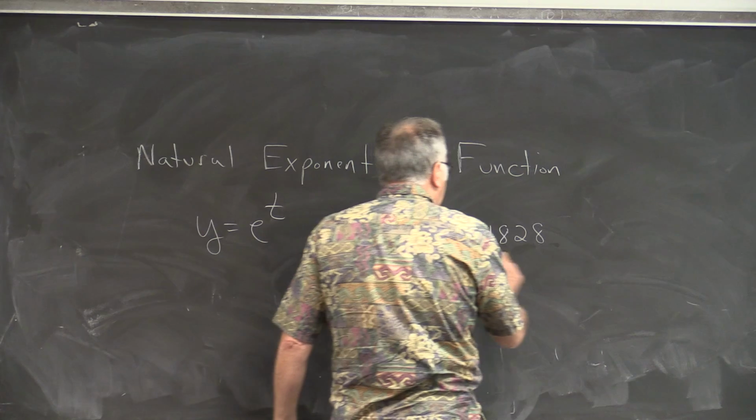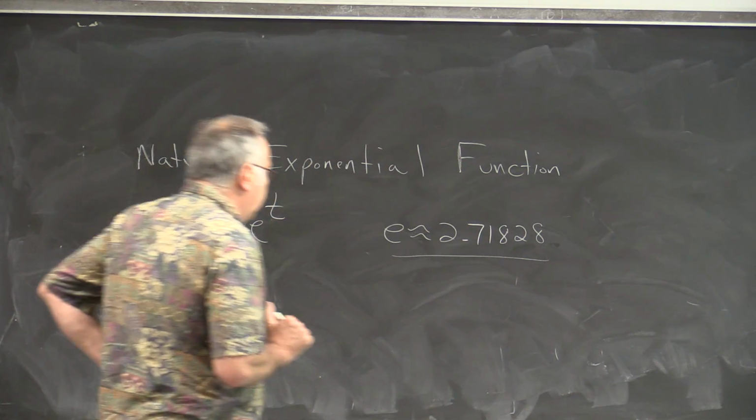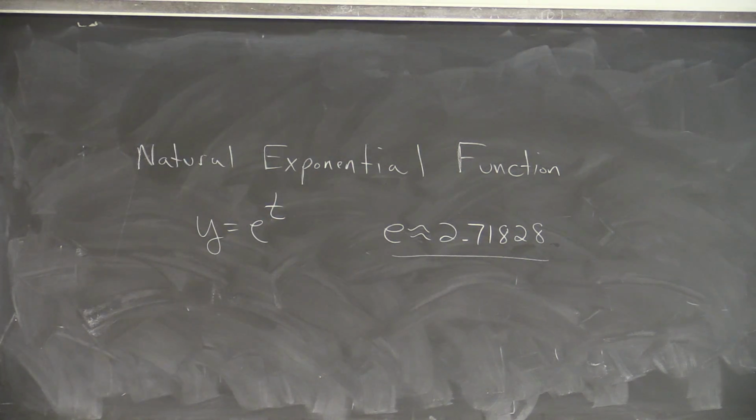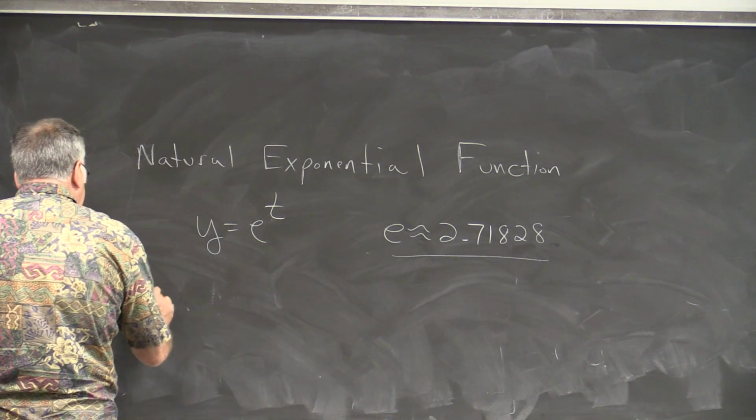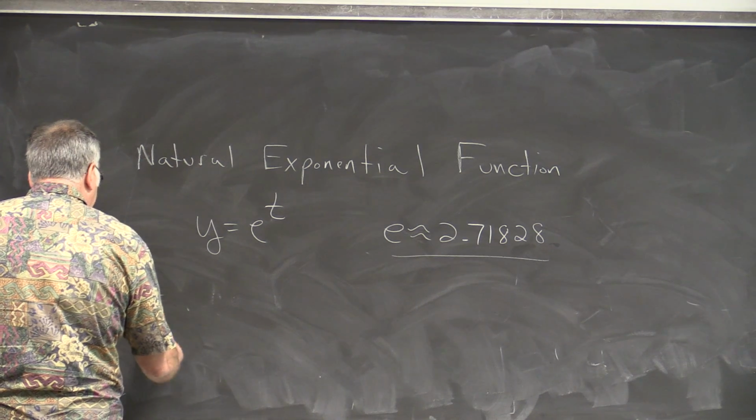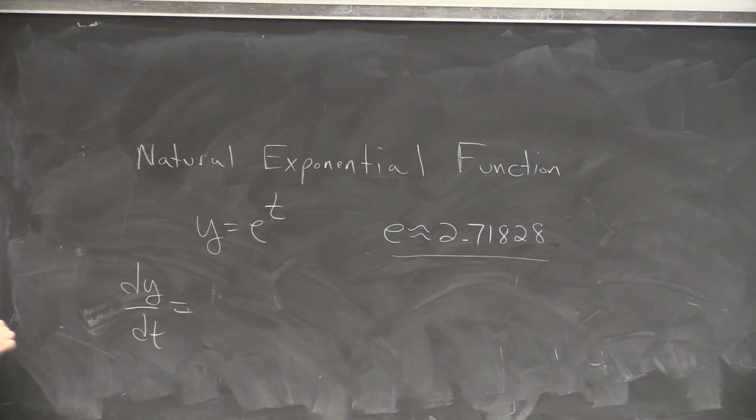Now the reason why we're choosing this for our base is basically this. Do any of you remember, if you have a function like this, what is dy dt? Do any of you remember from your calculus, your rules of differentiation?